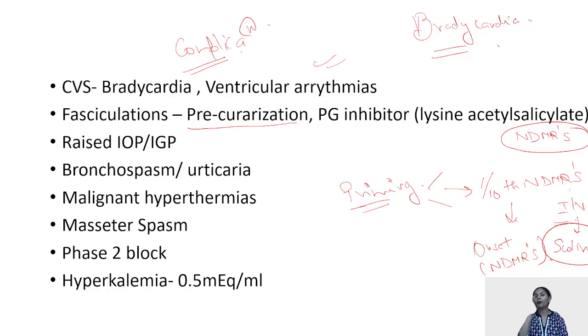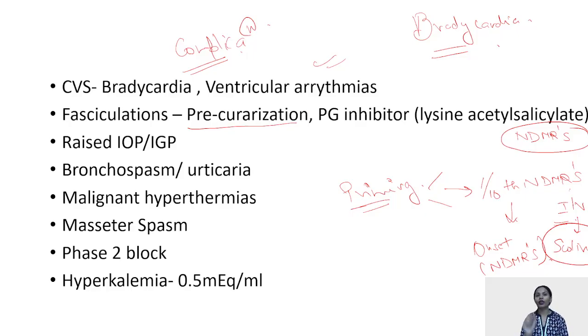But if you have primed the patient before, then it decreases to 60 to 90 seconds. So in case you have to decrease the fasciculations produced by scolin, kindly prime the patient; pre-curarization is done using 1/10 of the dose of non-depolarizing muscle relaxant.